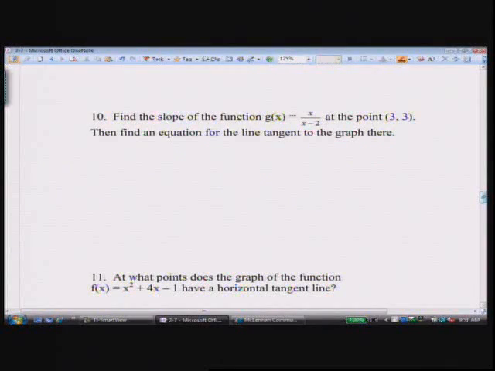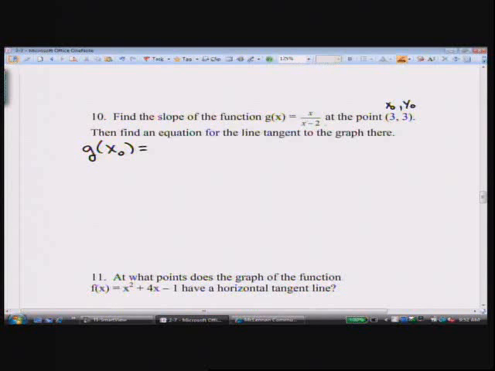Okay, so let's do some tricky ones. Find the slope of the function g of x equals x over x minus 2 at the point 3, 3. Then find an equation for the tangent line to the graph there. Okay, so you read an equation like that, you totally know that we need to find the derivative. We don't have the shortcut, so we will have to use our definition. So we need to find g of x naught. Fortunately, they told us the point x naught and y naught.